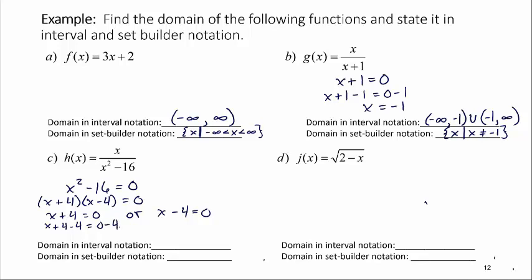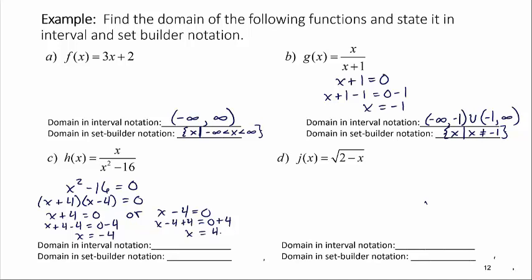So we'd have x plus 4 minus 4 equal to 0 minus 4. So x is equal to negative 4. And then with x minus 4 equals 0, we have to add 4 to both sides. So x minus 4 plus 4 equal to 0 plus 4, and x is equal to 4.